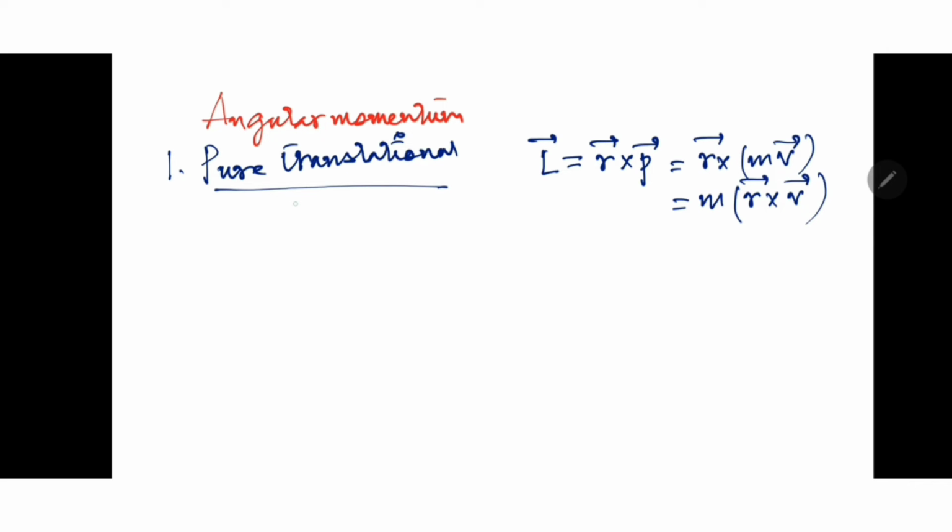Here r vector is the position vector of the center of mass with respect to the point of observation.